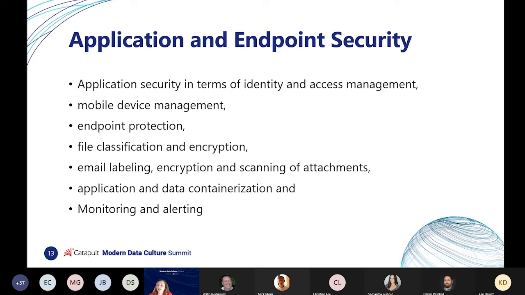Utilizing application and data containerization, and always using the continuous monitoring and alerting and tuning. So again, we're being diligent with making sure that we have that application and endpoint security in place. Next slide, please.